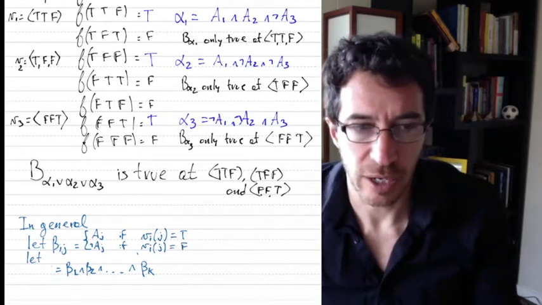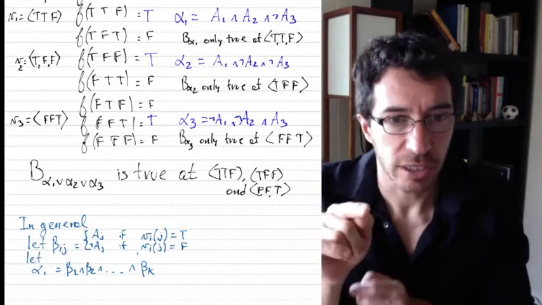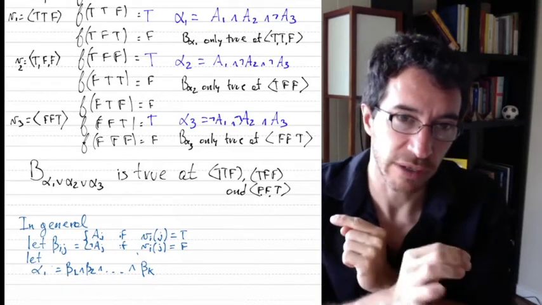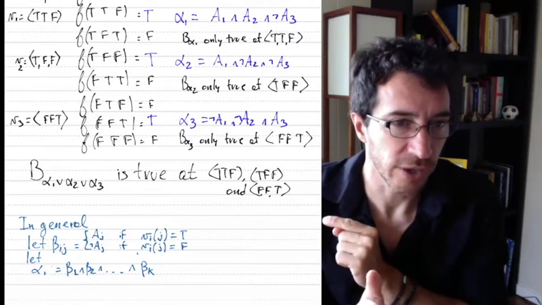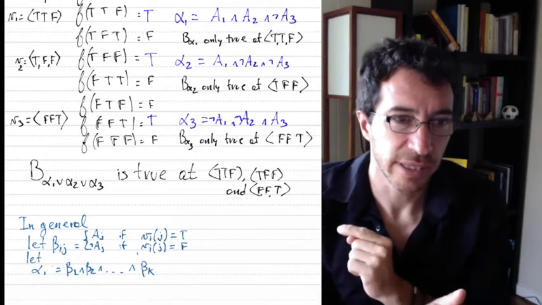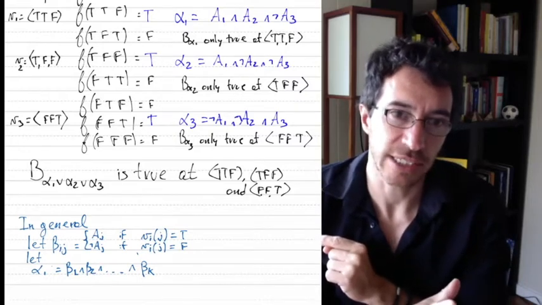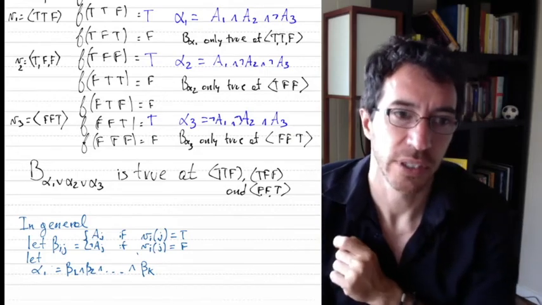So now we define beta sub ij. It depends on two things, because we have the values v sub i where we want it to be true, but we have various i's. And this one is going to be a sub j or not a sub j, depending on the value of v sub i on j.